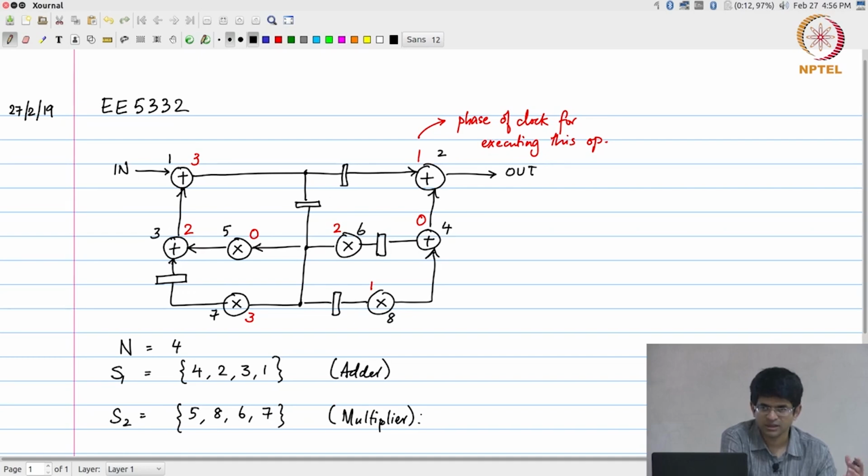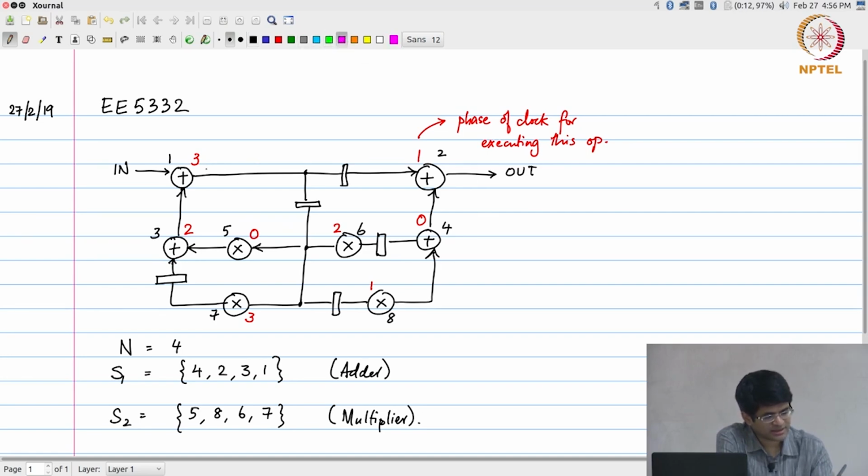What it is showing is only the connections between the different nodes, the dependencies, and also how many delay elements, sample delays, are present on the edges that link different nodes. Okay. Because of that, you need to interpret this a little bit carefully.